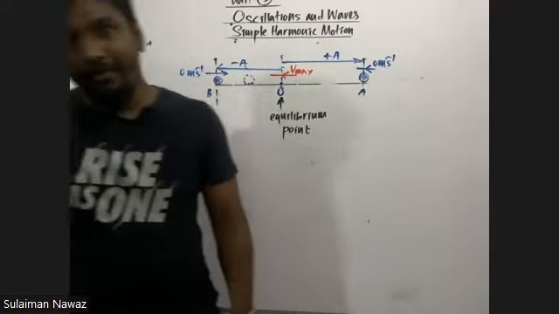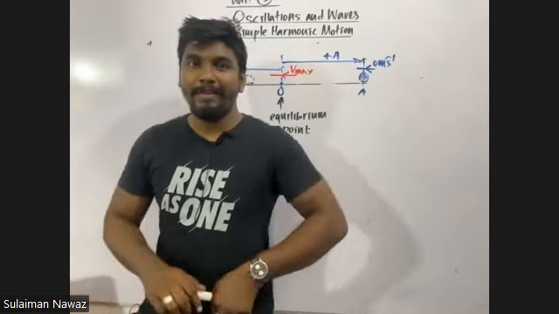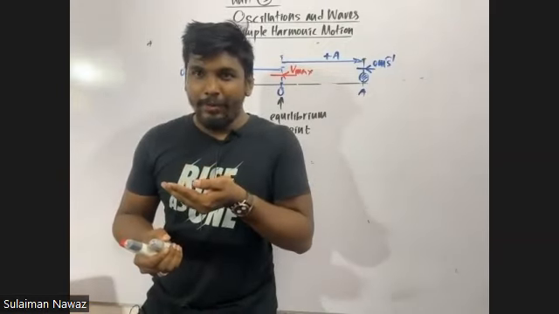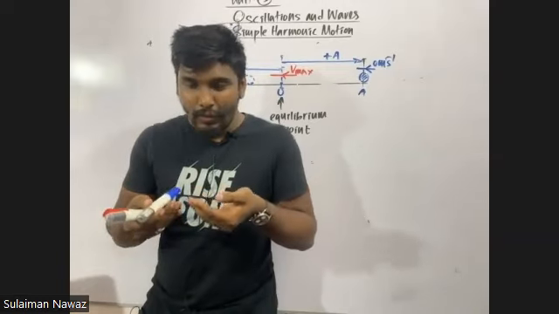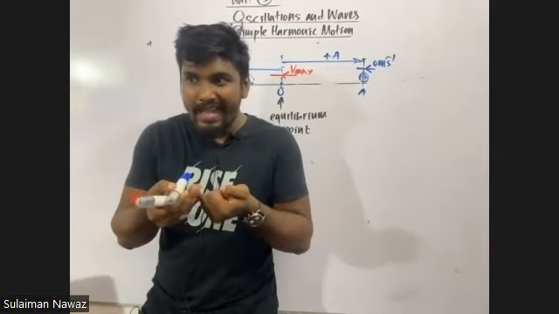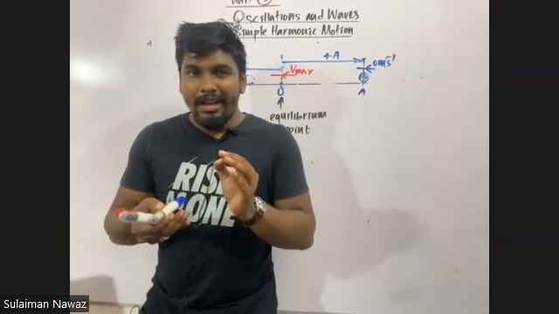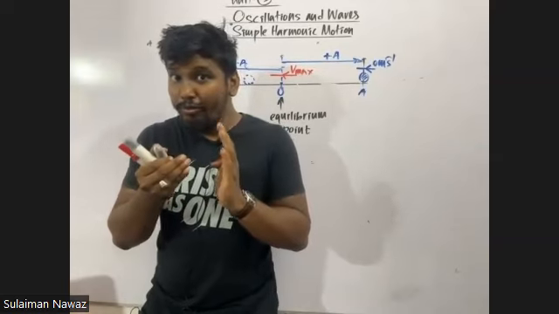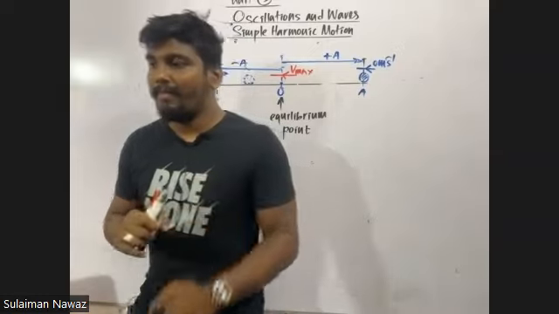Then I'll ask a question. Now we know that acceleration a equals minus kx. Throughout the simple harmonic motion, velocity varies, obviously, because the object is accelerating. Magnitude and direction vary.